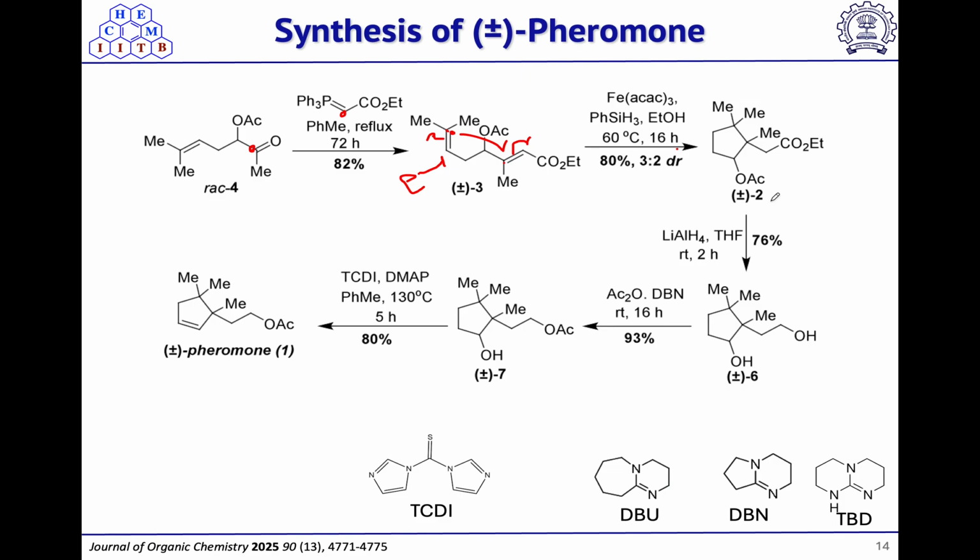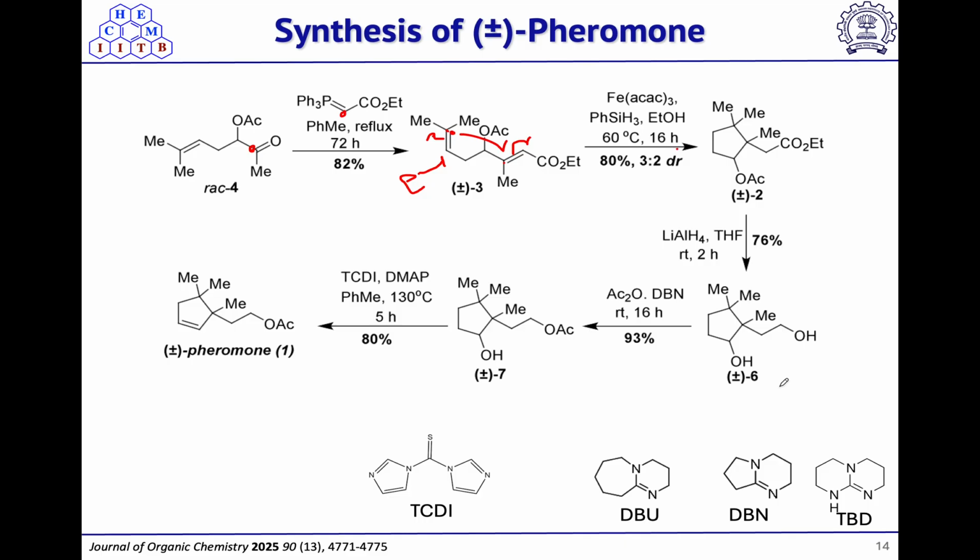What will it reduce? We are having this ester. Lithium aluminum hydride will reduce this ester, and it will give this primary alcohol, right?